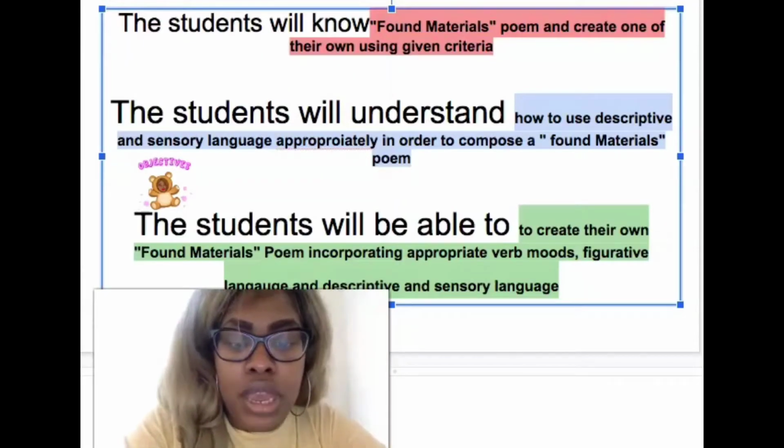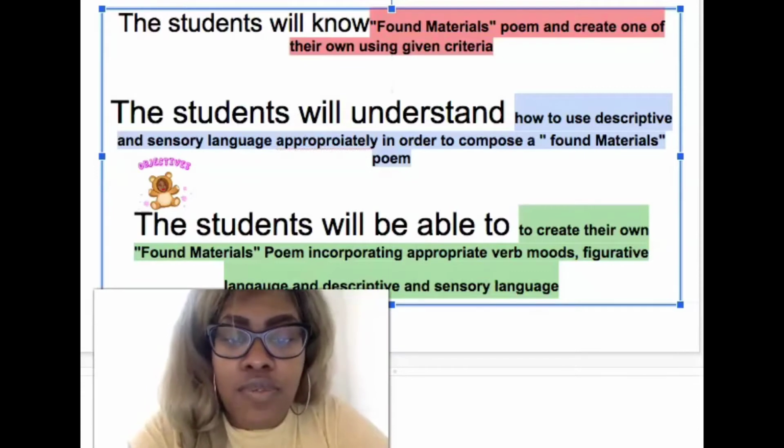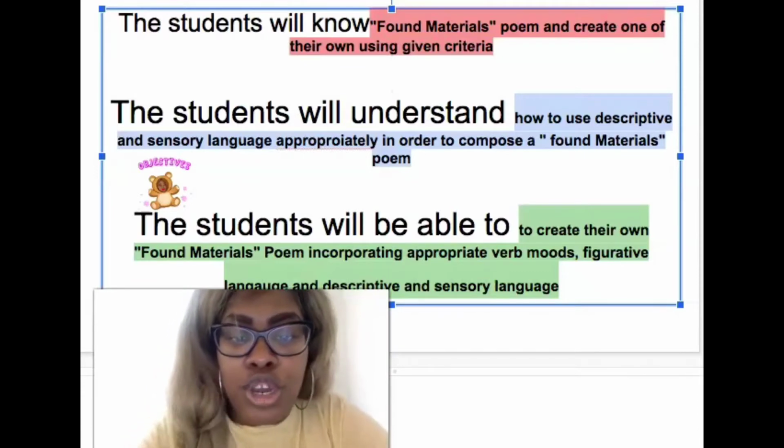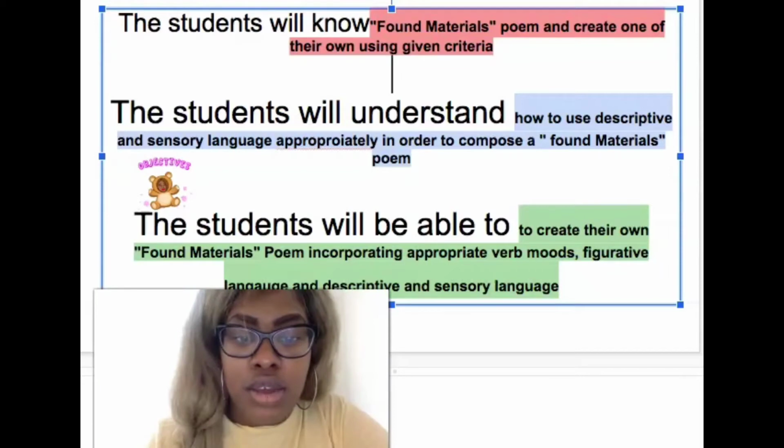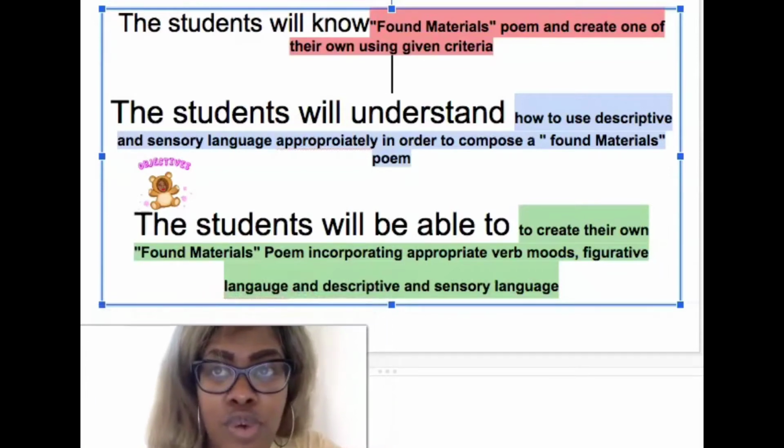Welcome back to school. Once again, we're going to start off with our objectives for today so we know what it is that we're going to be learning. So let's continue moving forward. The students are going to know what a found materials poem is and create one of their own using the given criteria.